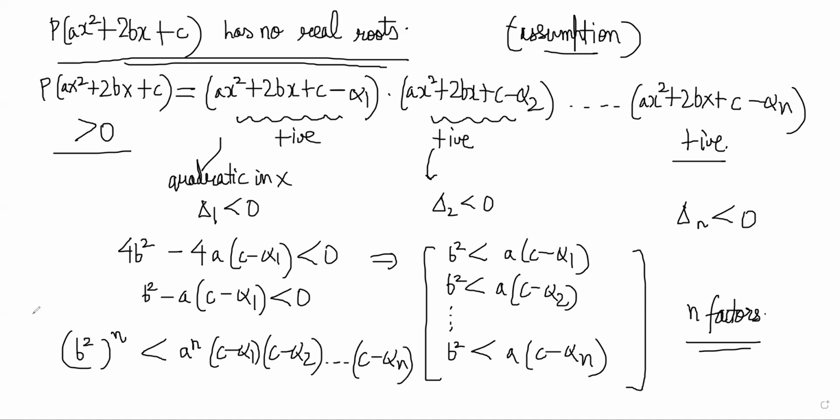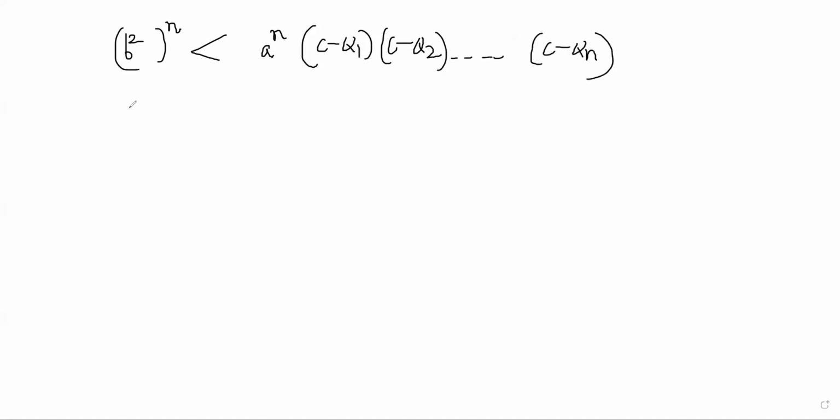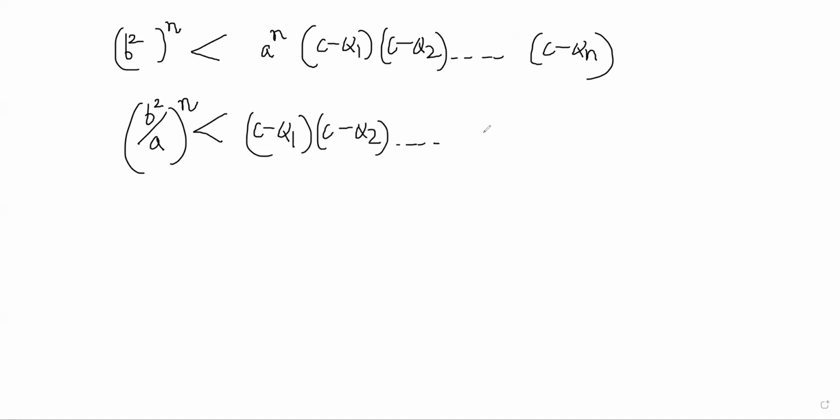So what I am getting is b square power n is less than a power n times c minus alpha 1, c minus alpha 2, c minus alpha n. Basically, b square by a whole power n is less than c minus alpha 1, c minus alpha 2 till c minus alpha n, right?